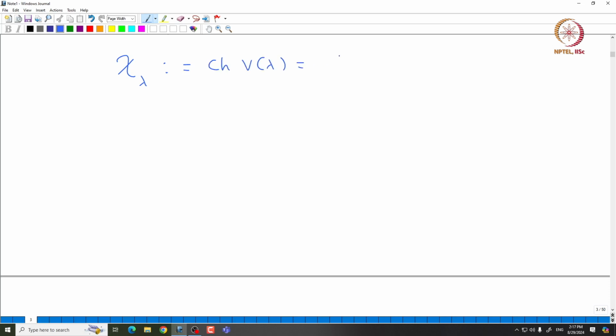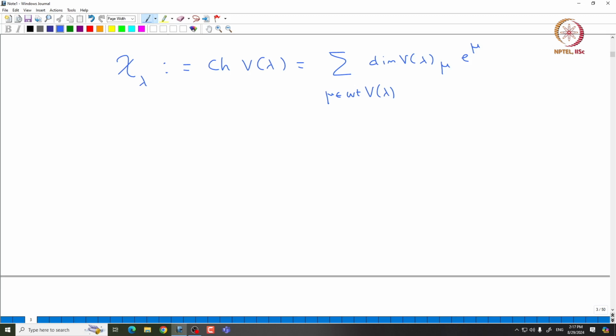By definition, this is the finite sum of the dimension of V lambda mu times e power mu, where mu comes from the weights of V of lambda. Since the set of weights of V of lambda is finite, this is indeed a finite sum.